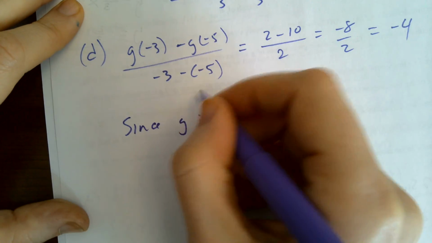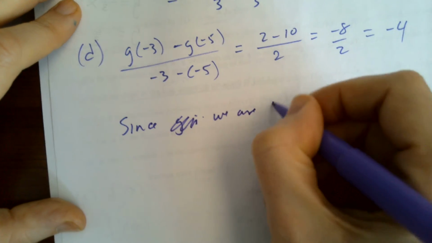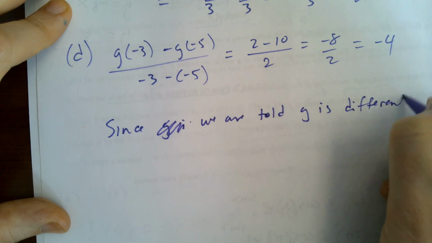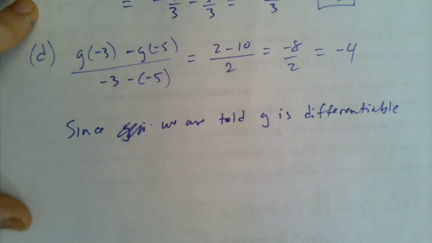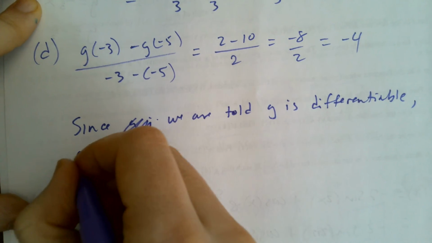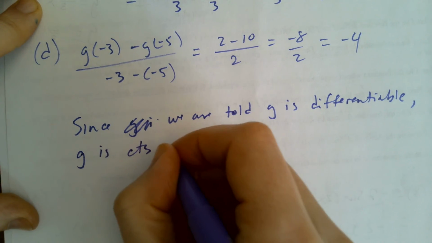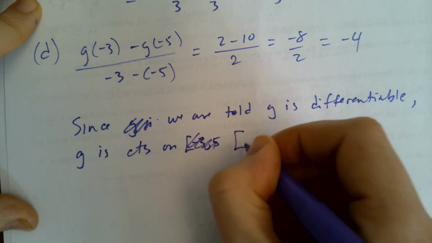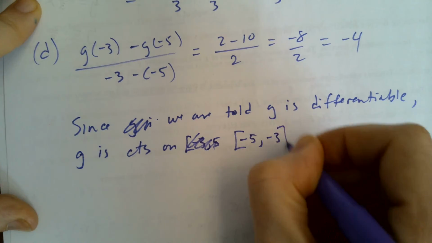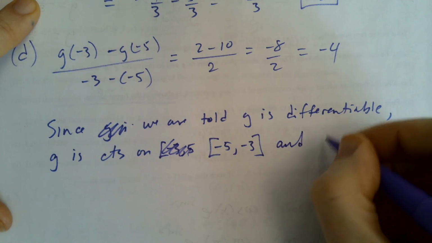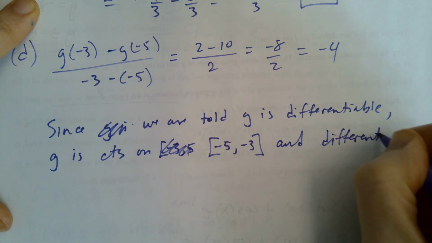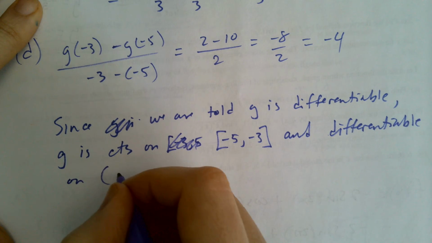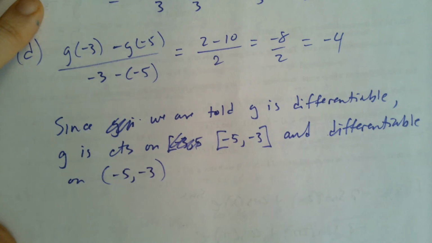So I can say right here, since we are told g is differentiable, g is continuous on -5 to -3 and differentiable on -5 to -3.